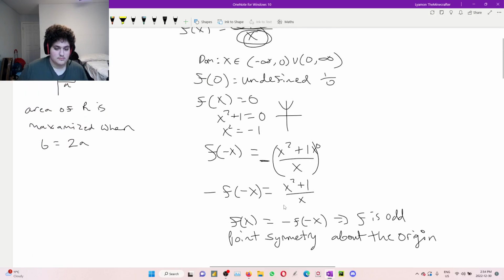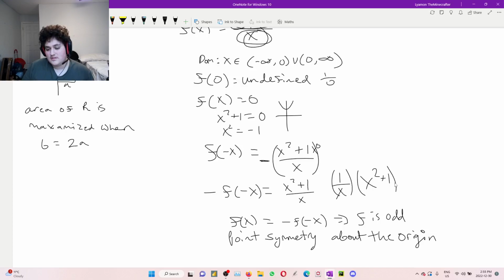Which makes sense because whenever you have an odd function like 1 over x times an even function, when you plug in negative x, the even function will remain unchanged, and this will flip.